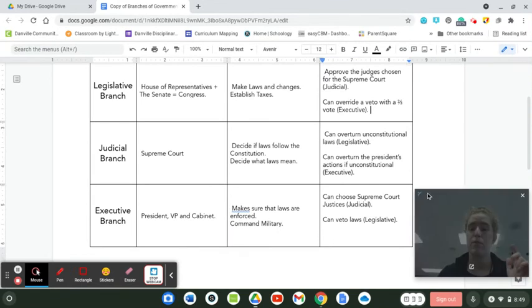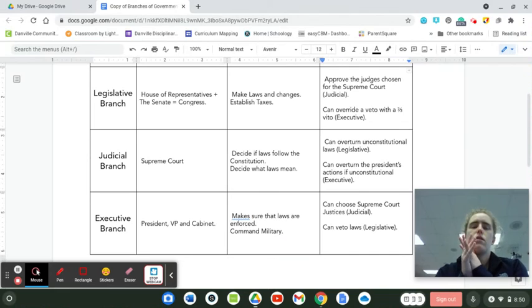So if the president vetoes a law, Congress can come back with 2/3 of the people agreeing on something, and they can actually override a veto. They can override what the president says. Nope, veto, not veto. Wow, I cannot spell today. Okay.